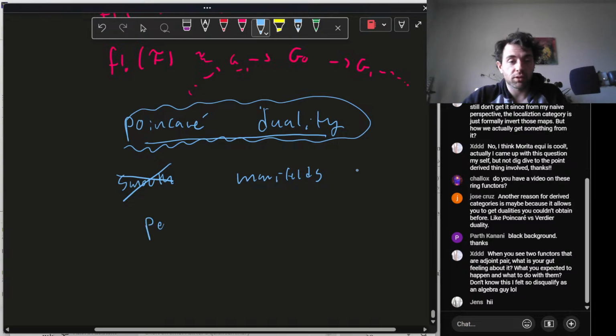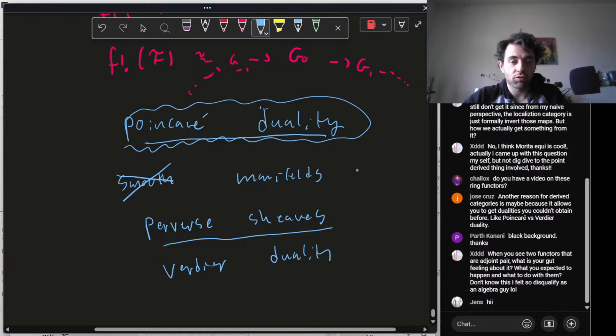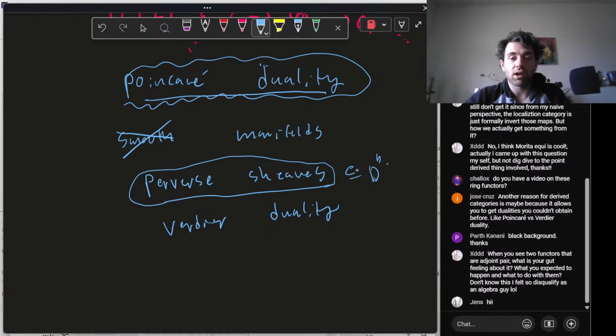That's actually where perverse sheaves come in. They satisfy this duality, this Verdier duality, which is like an analog of Poincare duality. But perverse sheaves are complexes of sheaves. They live inside a derived category of sheaves. And there's more stuff there. I mean, they technically form a heart of a t-structure, and all this stuff.